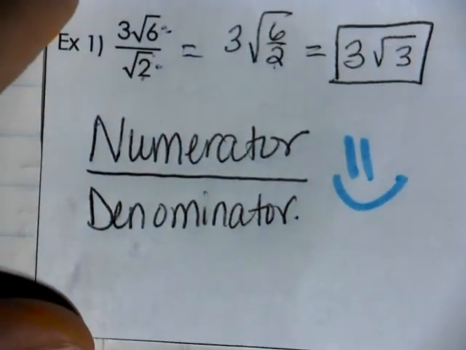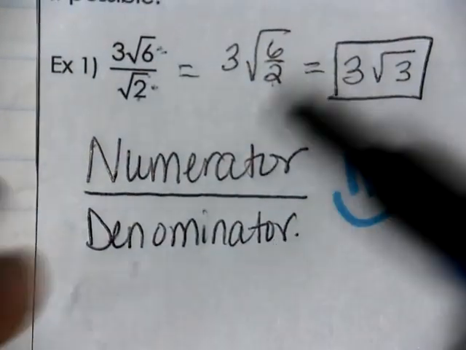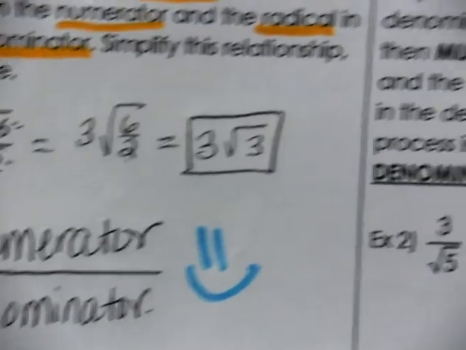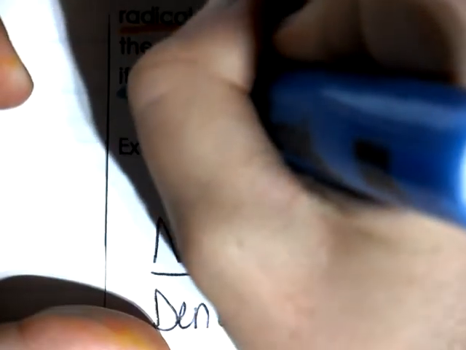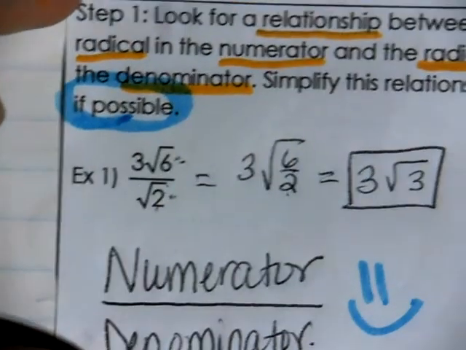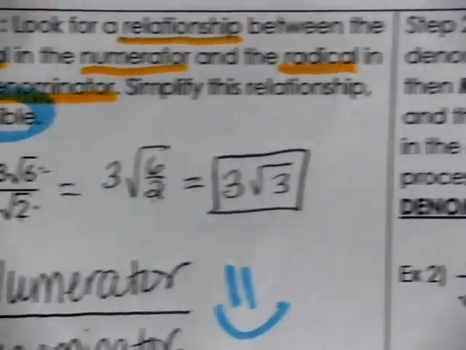So that is one way. I wrote the words "if possible," because a lot of times this is not possible. If it is possible to simplify this relationship, do so. So that's always step 1.